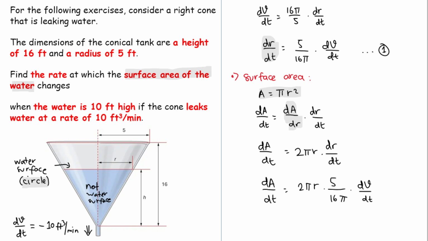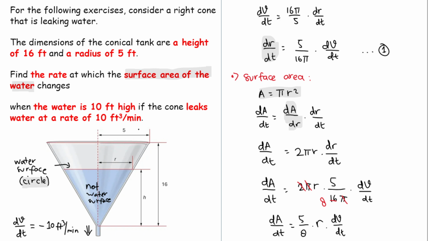Okay, so we will have pi and pi cancel, and then 2 and 16 will cancel into 8. So here we will have dA/dt equal to 5 over 8 multiplied by r multiplied by dV/dt.